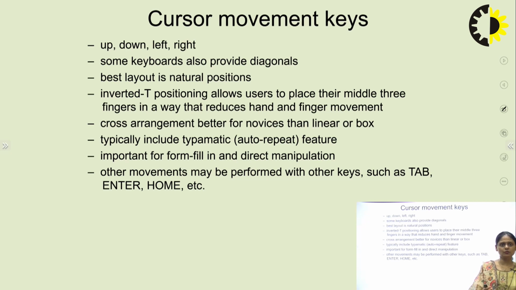The inverted T position allows the user to place their middle three fingers in a way that reduces hand and finger movement. So all these things, where to place these arrow keys, so that the user can easily place their fingers, and they can interact with the keys and get the work done easily.